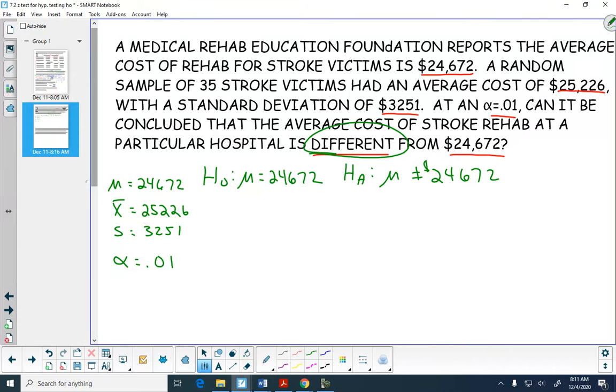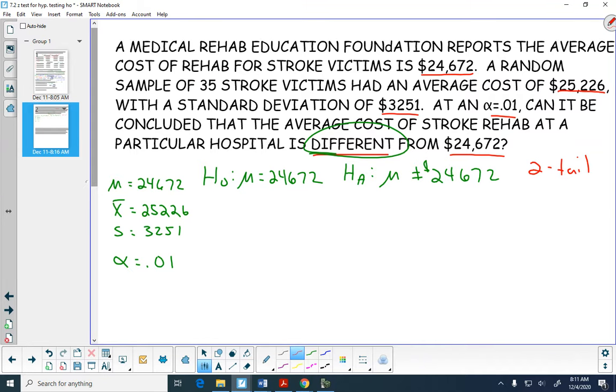Okay, taking a look at our null and alternate hypothesis here. We have equal to and not equal to. Todd, would this be a one-tail or a two-tail test? Two-tail test, because we talk about equal to and not equal to.